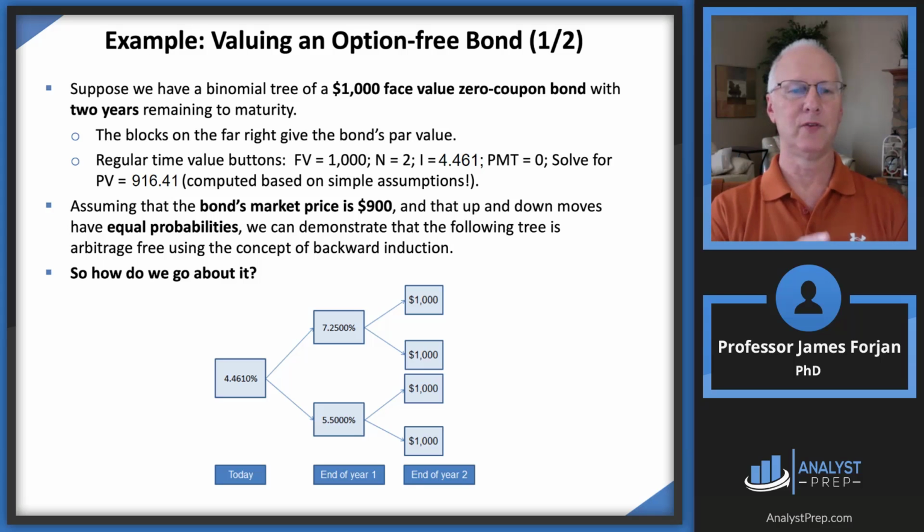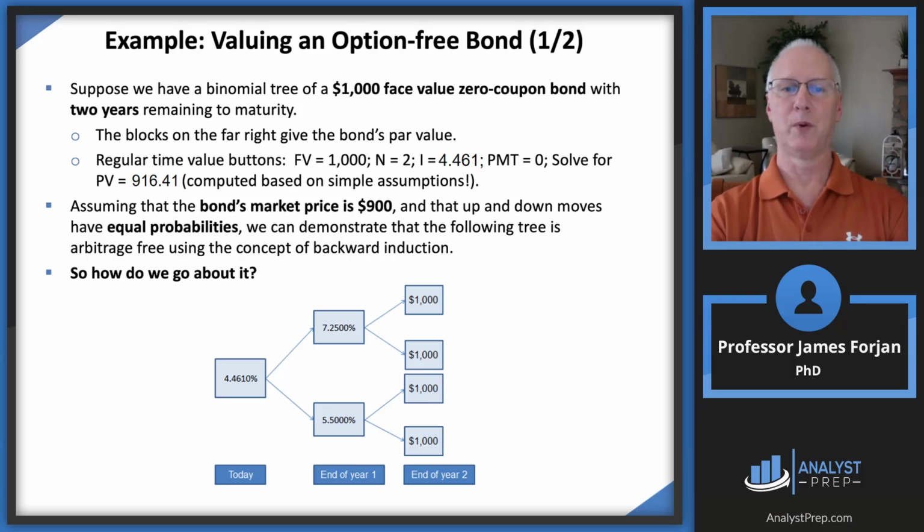Now, what I've done in the second circle point there is just to remind you of how simple the model is that we use way back in our undergraduate investments class. This is what we would do. We would say future value is 1,000, n equals 2, I equals, well, I just picked that first rate, 4.661. Maybe we could have picked another one. Payment is 0, solve for present value.